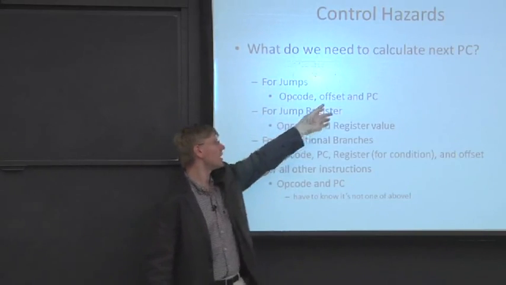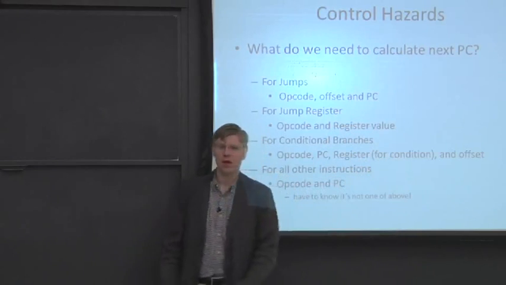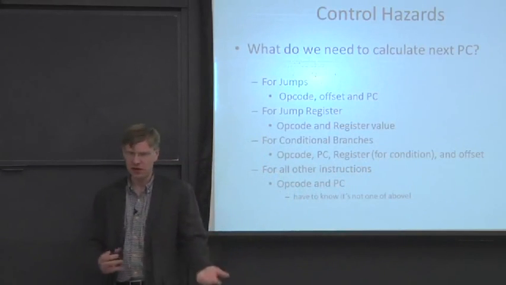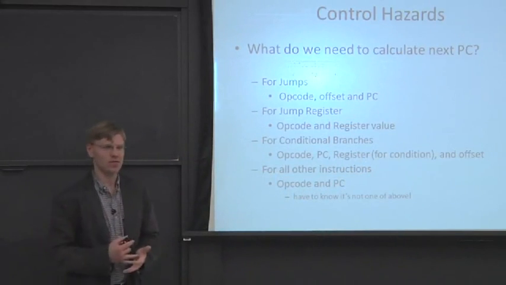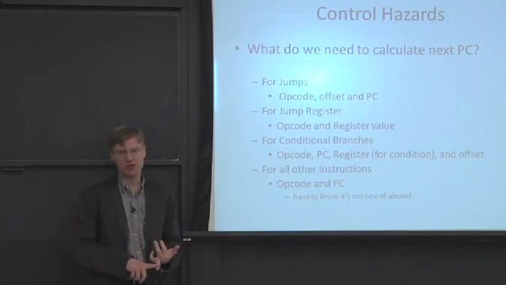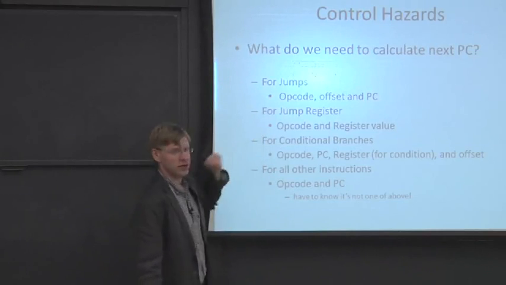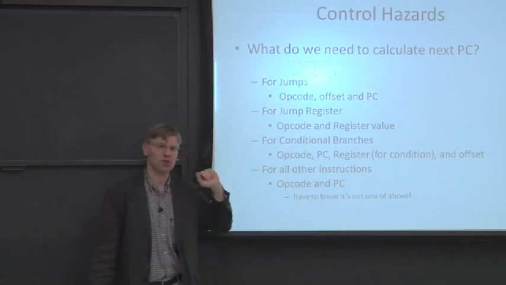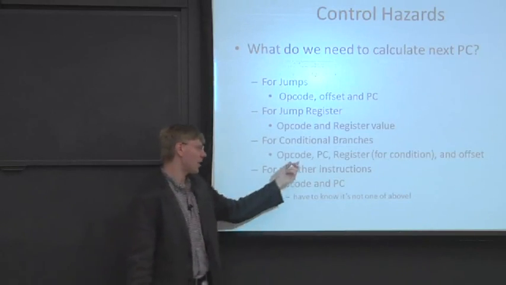We don't need to look at any offset because we are jumping directly to a register value in something like MIPS. In other instruction sets, you might need to look at other sorts of information. So you might have, for instance, a register indirect jump register type of instruction, or even a memory indirect jump sort of instruction.